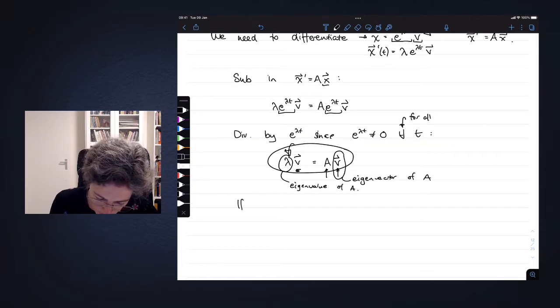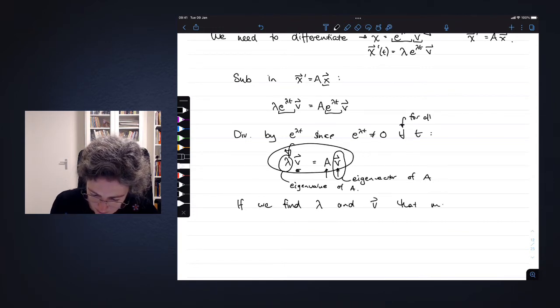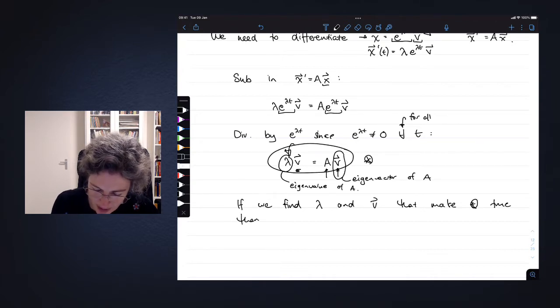So if we find lambda and v and make this true, then x is a solution.